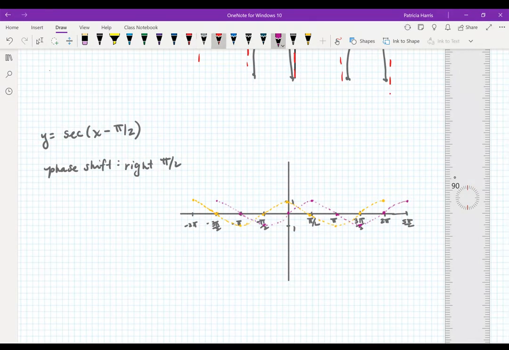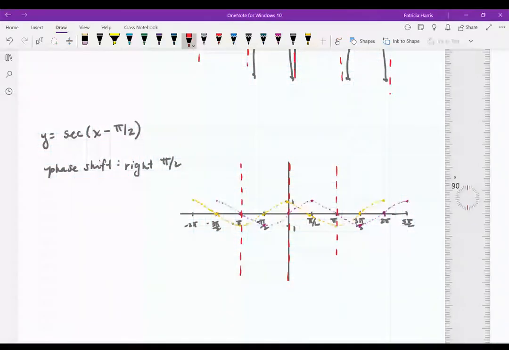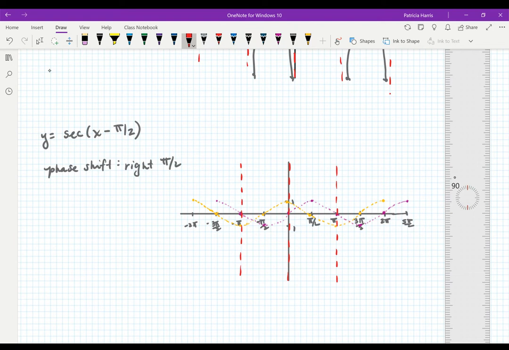All right, here we go. So let's find our zeros. Zeros get asymptotes. Oh, wow. Look, if I shove secant over pi over 2, I get cosecant.